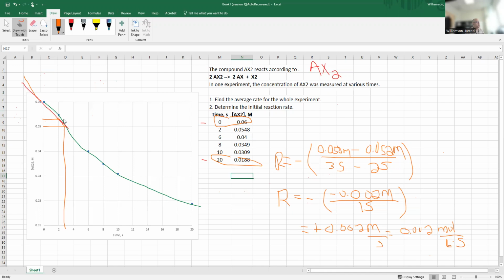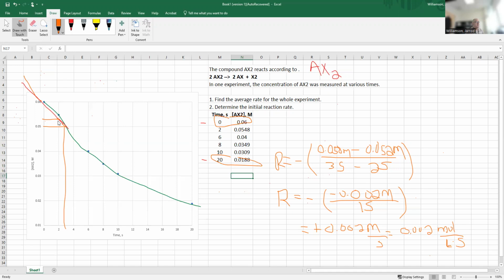So what I did first was kind of extrapolate the best fit line backwards. Then I drew a tangent line to that best fit line. Then I took data points off the tangent line, not off the curve.